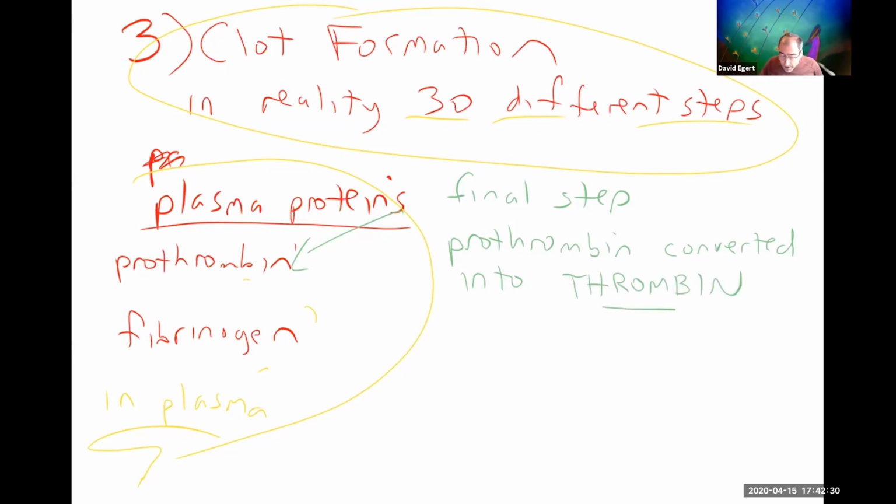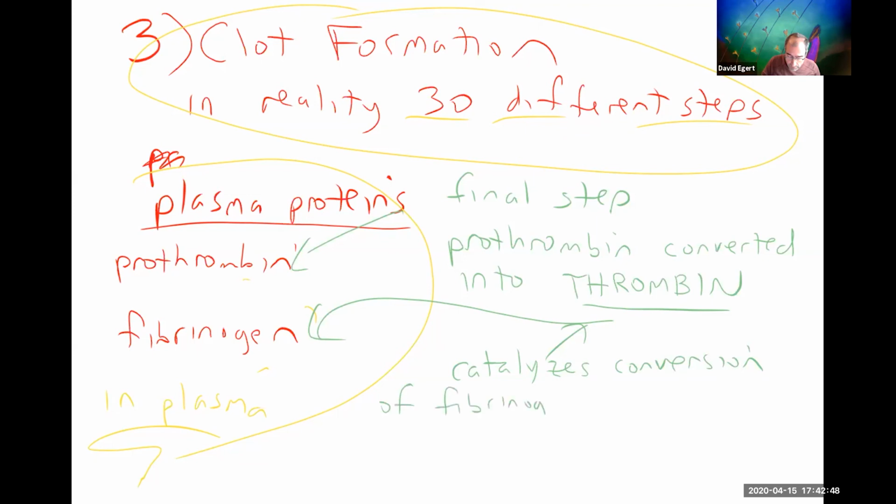And thrombin is going to catalyze the conversion of fibrinogen into fibrin. And this is insoluble.